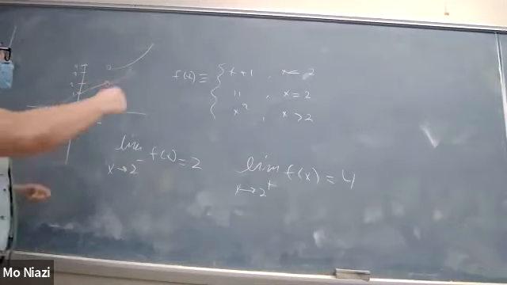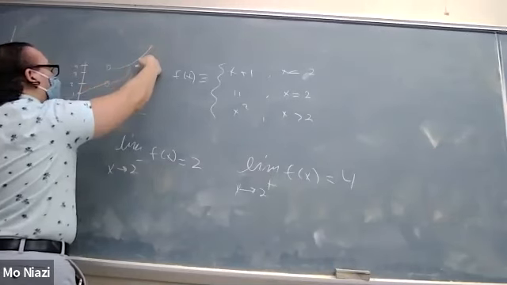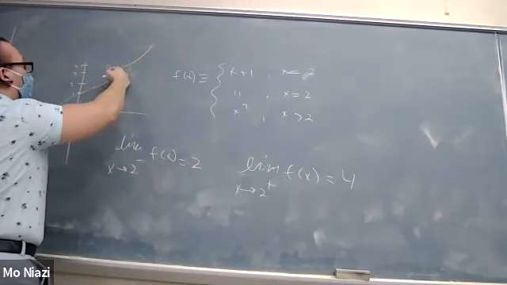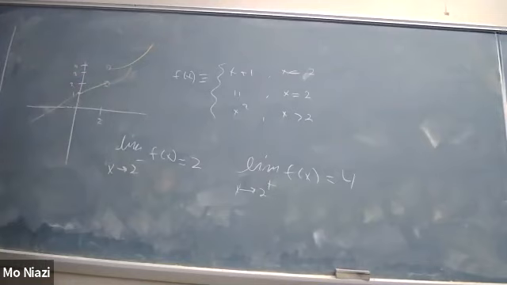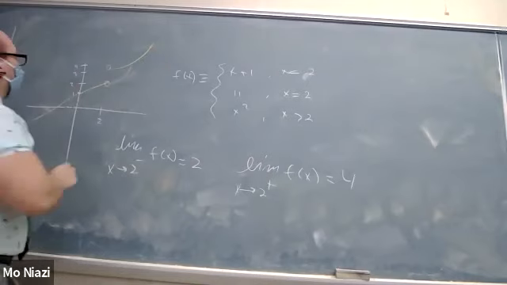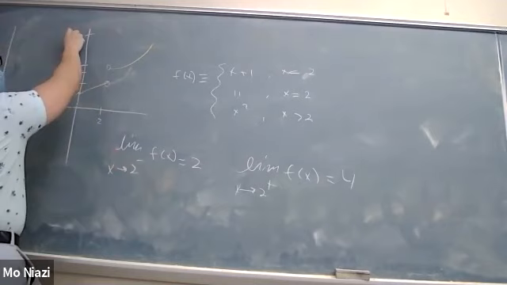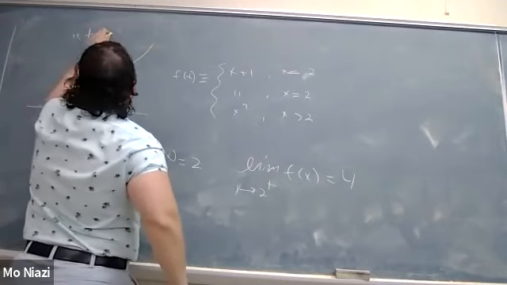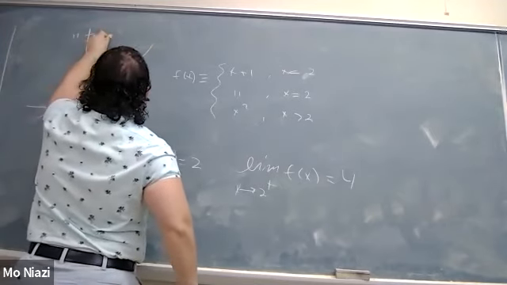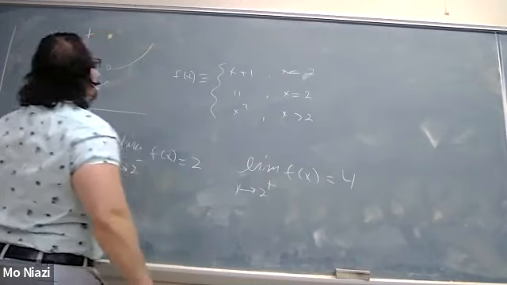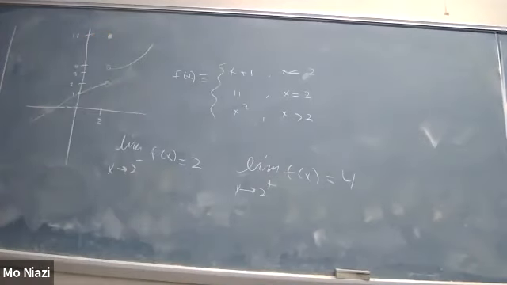If you approach 2 from the right, the y value it assumes is 4 without touching 2. This is what you would call a jump discontinuity. The left hand and right hand limits do not agree. And don't forget the part of the function where we define what it is at 2. We define it to be 11.